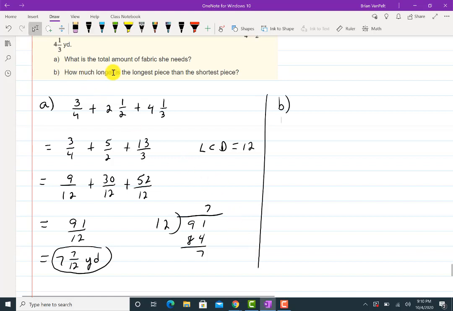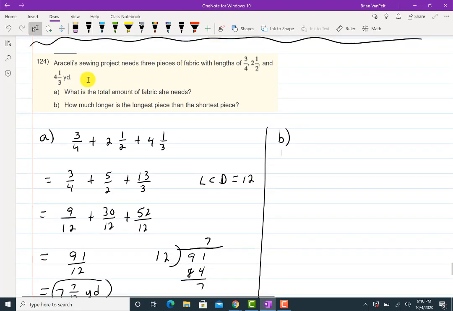How much longer is the longest piece than the shortest piece? So the longest piece is 4 1/3, and the shortest piece is 3/4. So converting the mixed number to a fraction, as before, I have 13/3 minus 3/4.